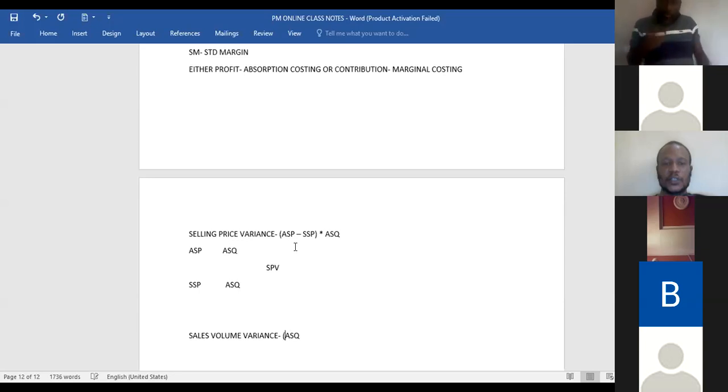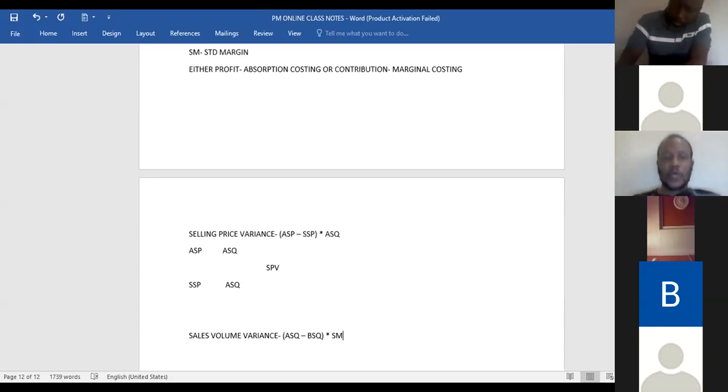For sales volume, it will start with the actual sales quantity. So actual sales quantity minus budgeted sales quantity into the standard margin. The standard margin will be either standard profit or standard contribution, depending on whether it is an absorption costing environment or a marginal costing environment.